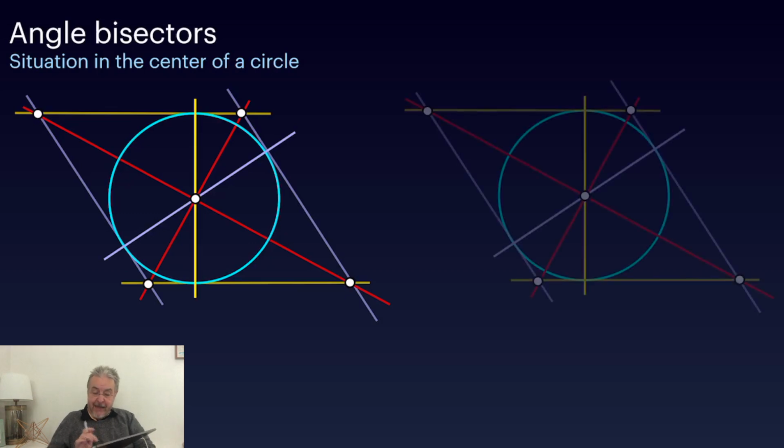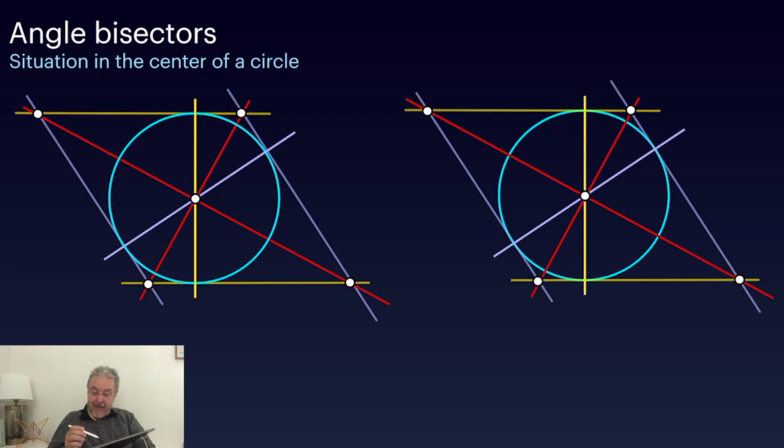So let's take a second copy of that and move it a little bit. And before I move it, I have to explain one thing. What we did here was a completely projective construction. It only involved projective terms like tangents, intersections, and joins.